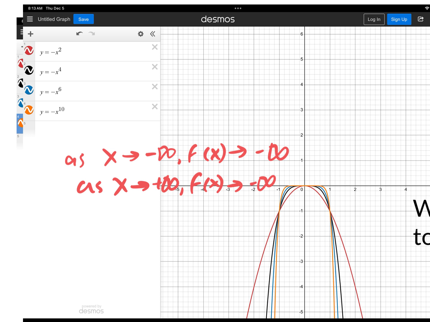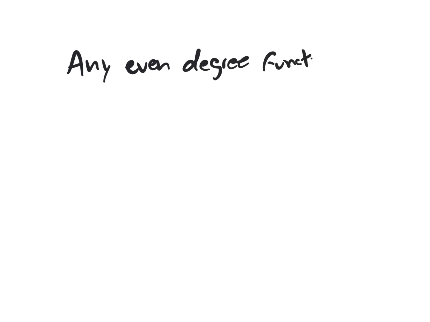Okay. So what could we conclude here out of what we've been observing? Any even degree function is going to have an even amount of arrows either opening up or down as their end behavior.